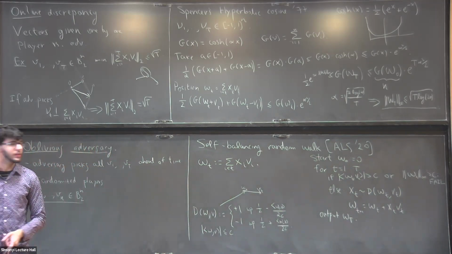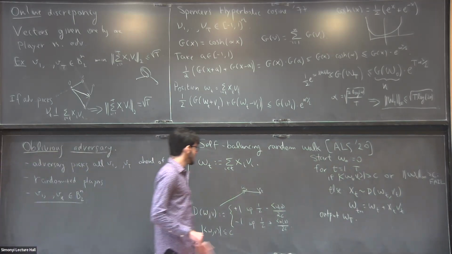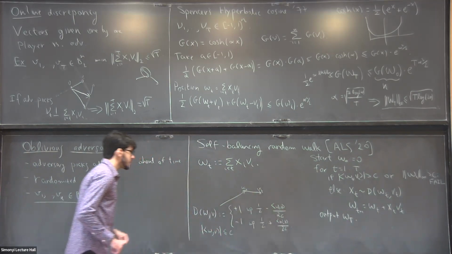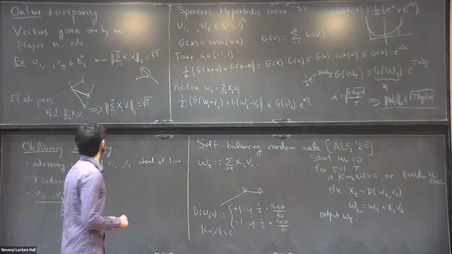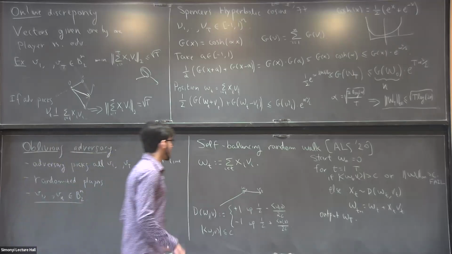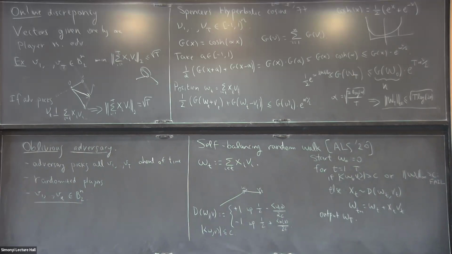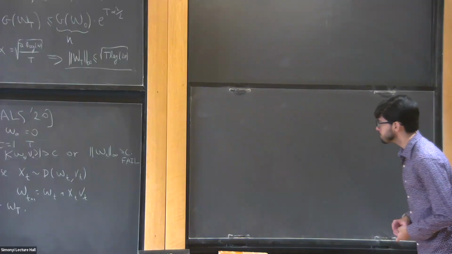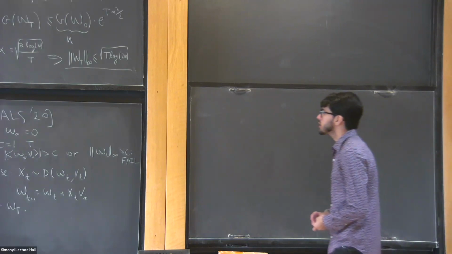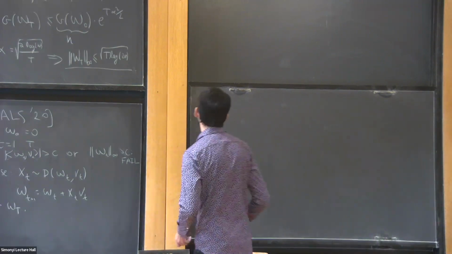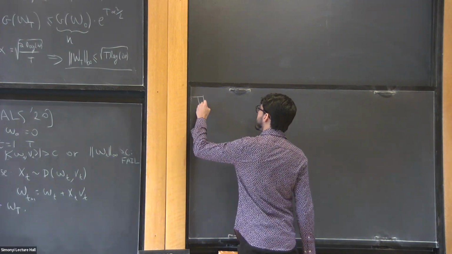I want to give an analysis for this algorithm that's a little different from the one in the paper, that a few different people have independently come up with. So what's the claim for the theorem?